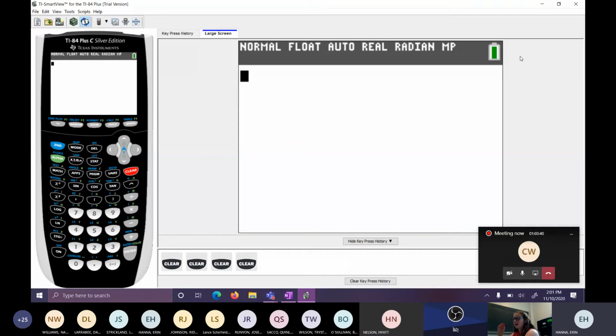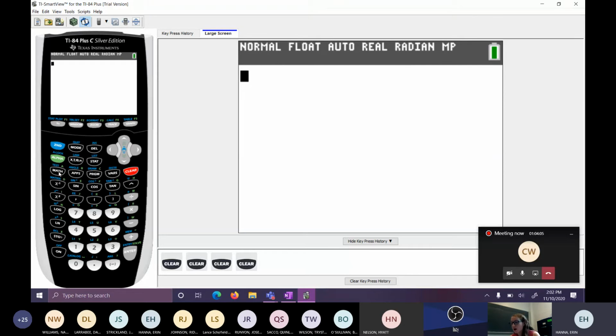If you don't have a TI-83 or 84, you might have to Google it. If you have Inspire, I can probably figure it out, but I've never actually looked at how to do it on an Inspire. Sorry, I'm looking at it right now. I'll have to figure that out later.